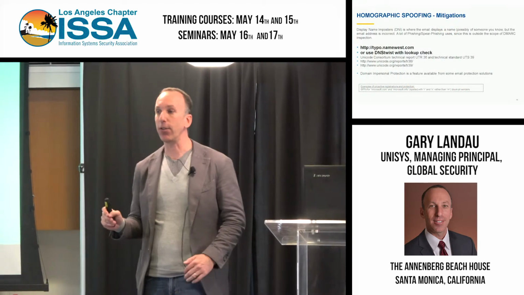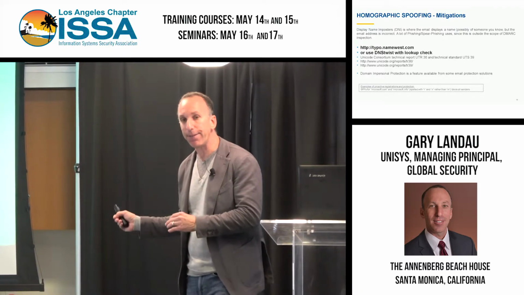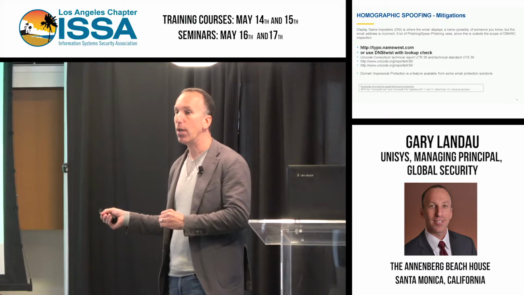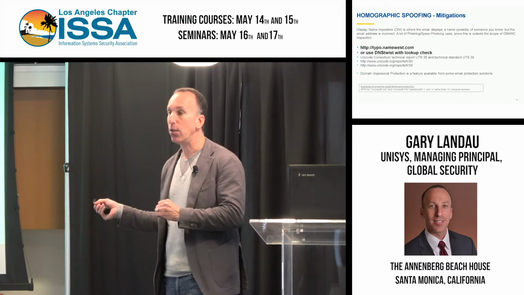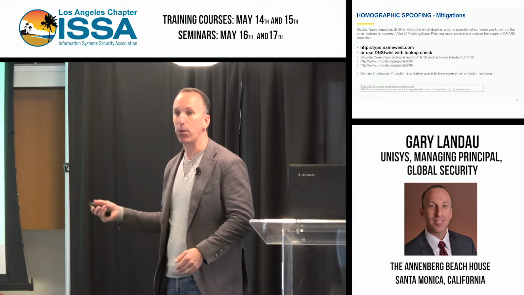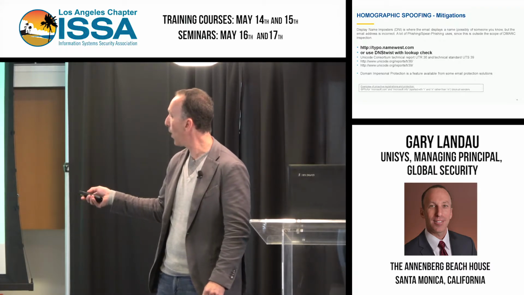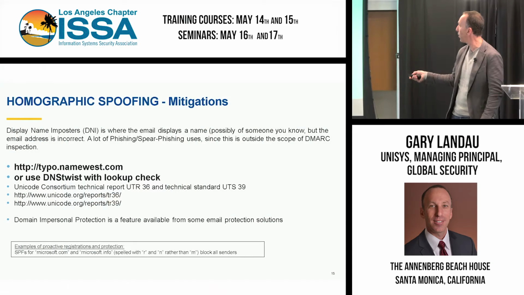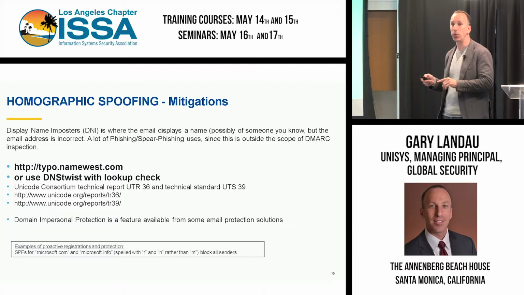So if you have key vendors who are constantly emailing you, you would benefit by making sure that their domain names aren't being spoofed, so that you're not thinking, oh, I got an invoice from my vendor, but it was really just a spoofed version of their email. There's also a website here called Typo Name West that also can be used to look up variations of domain names.